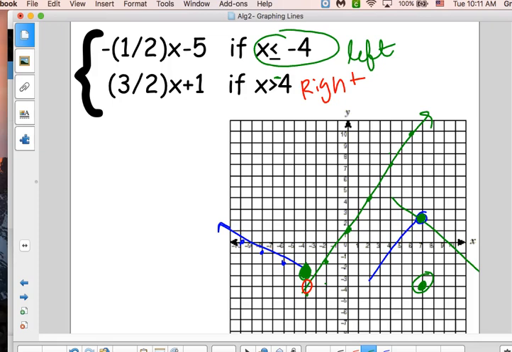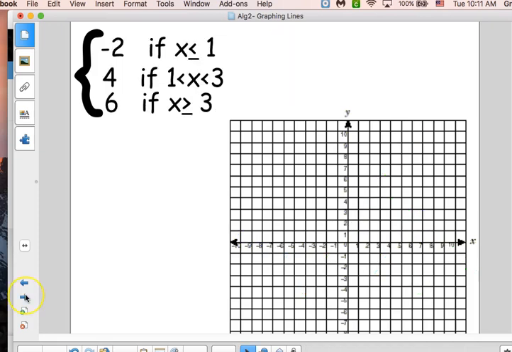The last style we have to go through just has a different look to it, and it's confusing just because we forget what equations mean. So last one we're going to do here.